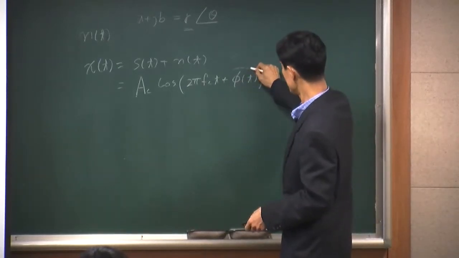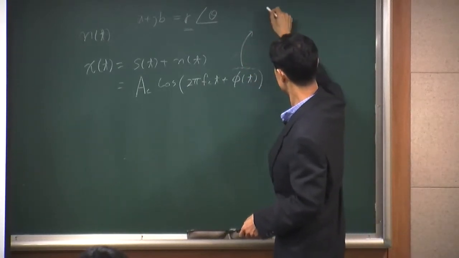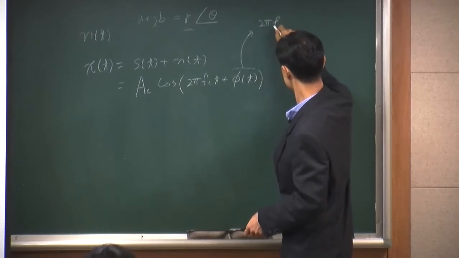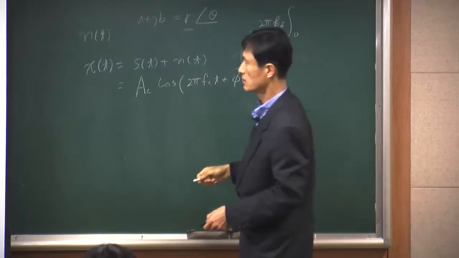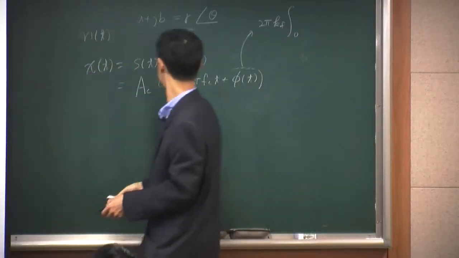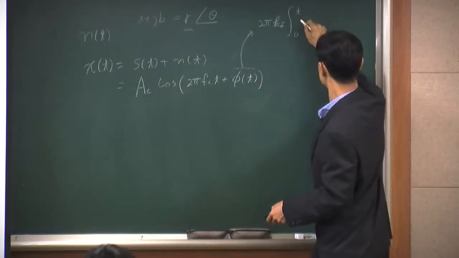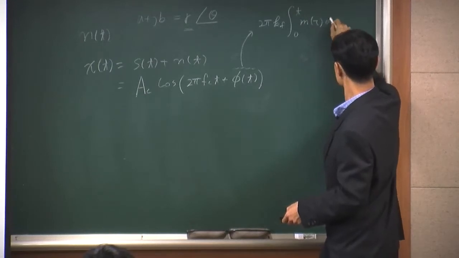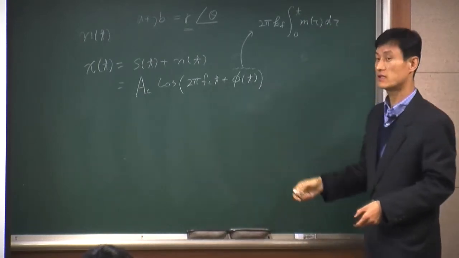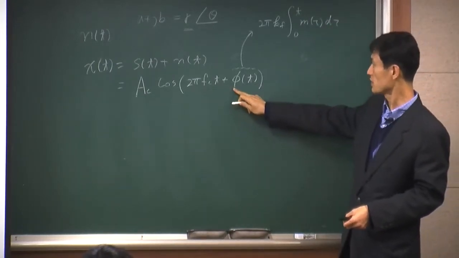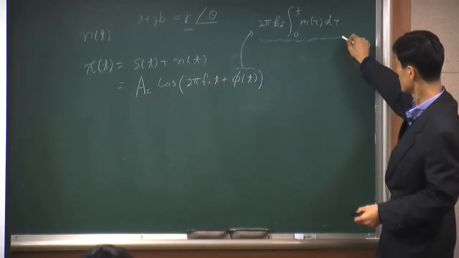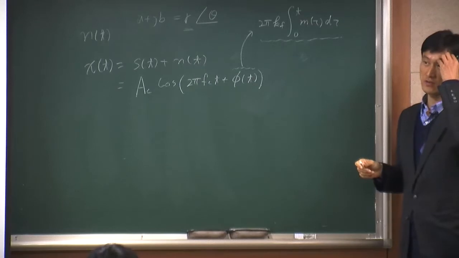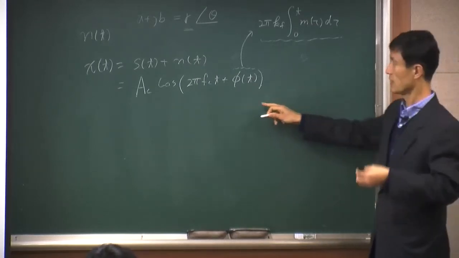We know that this phase is phi t. We know that in frequency modulation, this phase change should be an integration of your message, right? This is the FM signal. That is st.